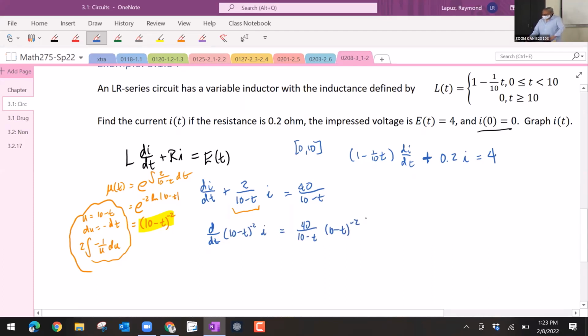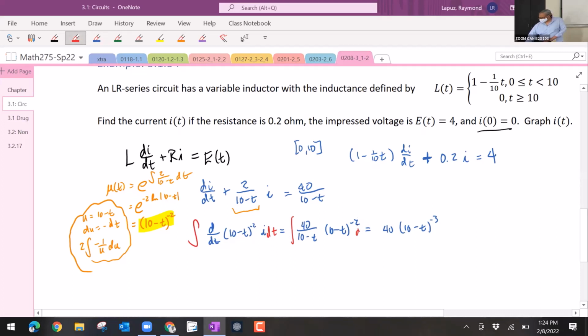I suppose we can rewrite that, because we're getting ready to integrate this. This is 40 times 10 minus t to the negative 3rd power. Right? Yep. All right. Now let us integrate.